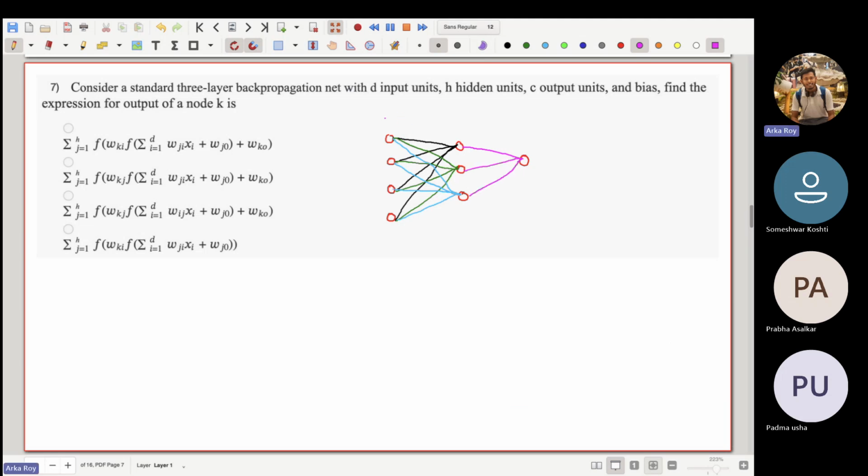So over here, let's say this is layer I. This is layer J, and this is layer K. And we need to consider the biases as well, because in the question they have specifically mentioned it. So let me write these things here.